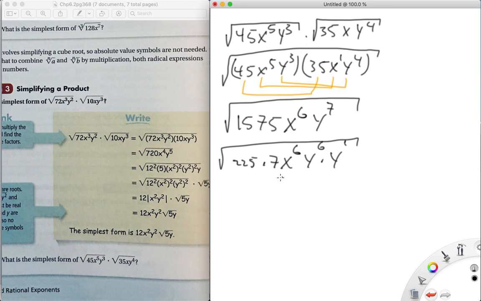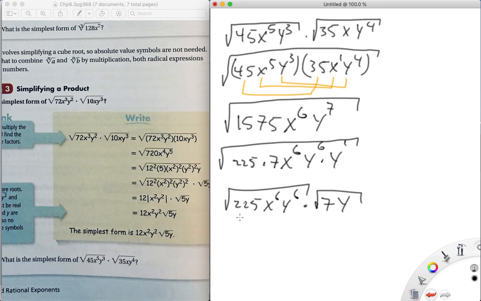Then I'm going to separate that, and this is going to be the square root of 225 times x to the 6 times y to the 6, times the square root of 7y.